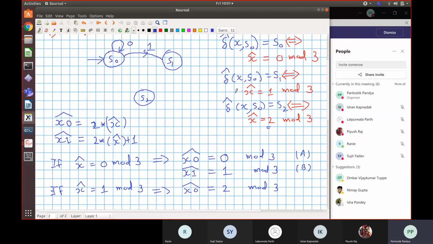If you had a number like 4, whose remainder when divided by 3 is 1, if you double it to 8, then you will get 2 as the remainder. So these are basic properties of numbers. If the number had remainder 1 and you get a digit 0 after that, you should go to state S2 because now the new remainder will be 2 after doubling the number. This arrow was added by property C. Okay, somebody answer me, when I get a 1 here, what will I get?